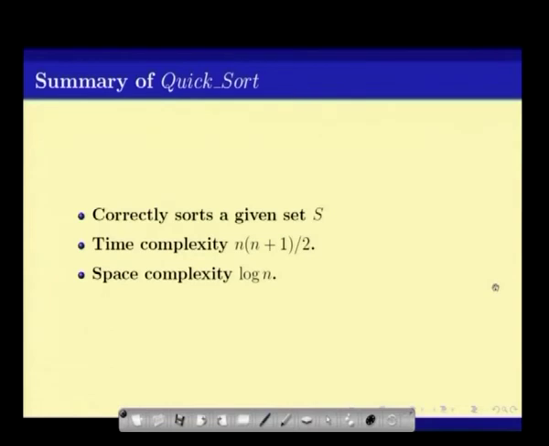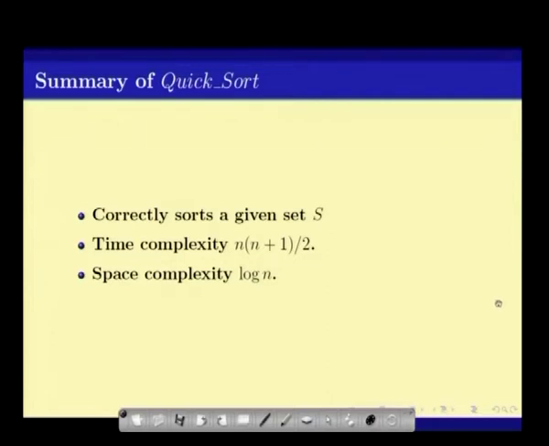The summary of this quick sort was, as such it does not seem to be doing any better than insertion sort. In other words, it has time complexity around n square and space complexity log n.